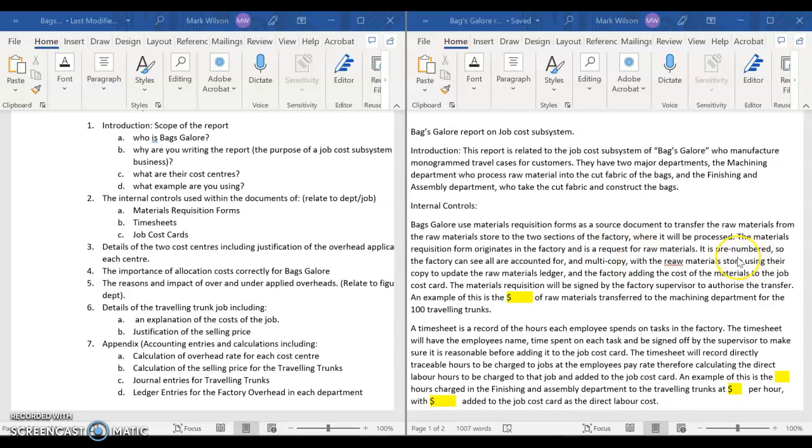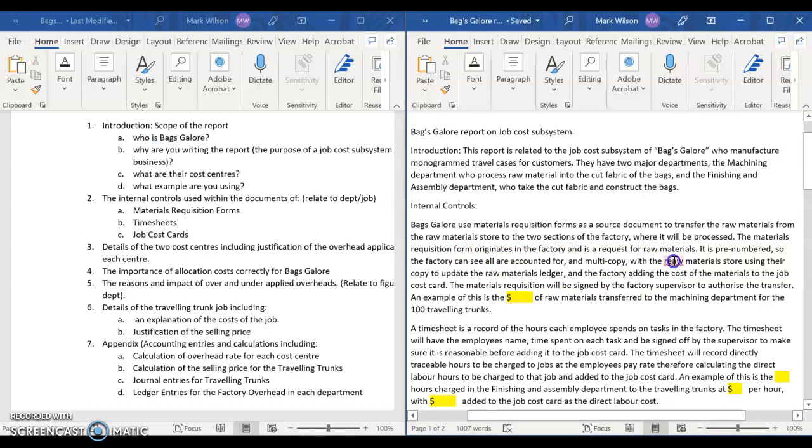Then you've got to write what are the internal controls. So you can see there's 4 bullet points on that page 263. Remember, you only got your workbook. You do not have any other notes for this. So pre-numbered is important, and so it is pre-numbered, so the factory can see all are accounted for.